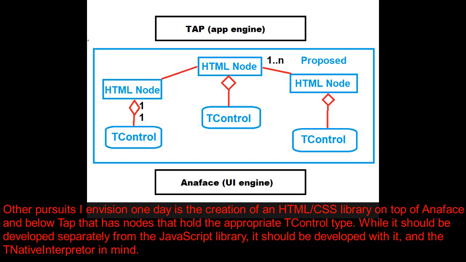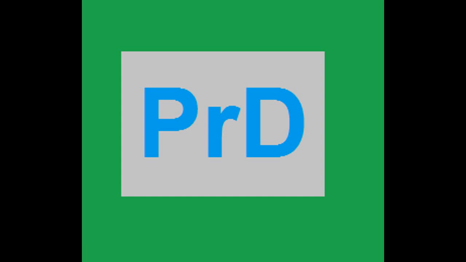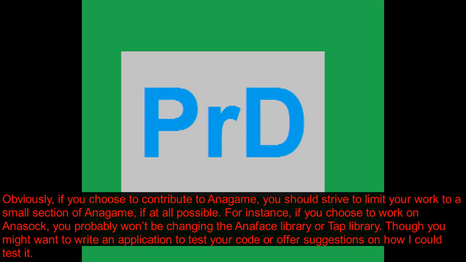Other pursuits I envision one day is the creation of an HTML CSS library on top of Anaface and below tap that has nodes that hold the appropriate T control type. While it should be developed separately from the JavaScript library, it should be developed with it and the T native interpreter in mind.